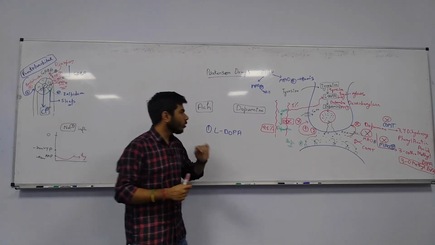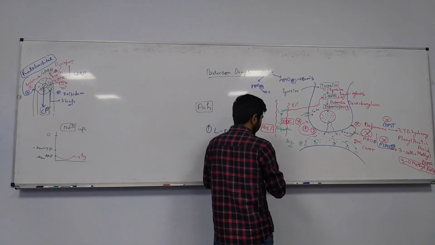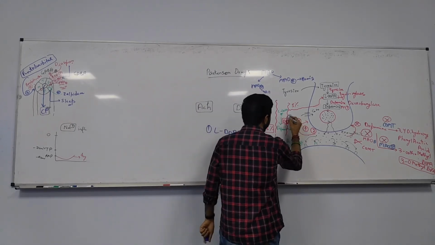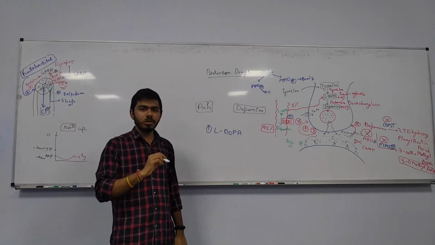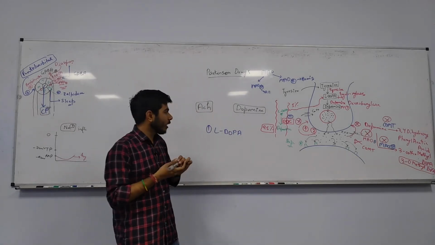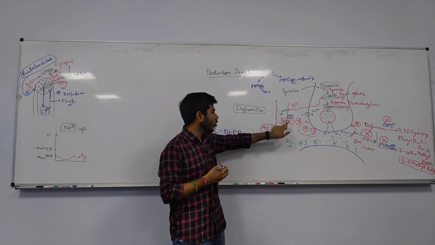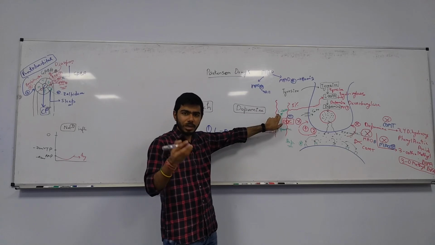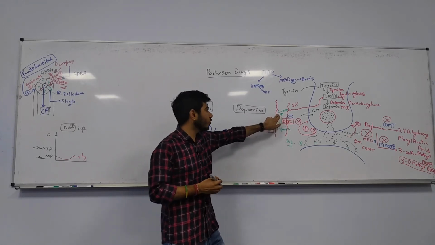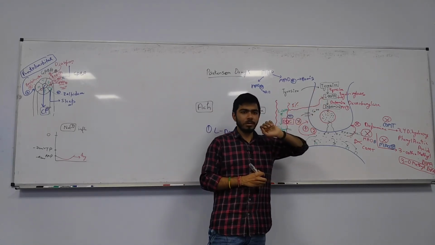Then we came to know that if somehow we can inhibit dopamine decarboxylase, we can solve this problem. Because if you inhibit this enzyme, levodopa will not be converted into dopamine. So most of the levodopa will be available, and it can penetrate the blood-brain barrier.